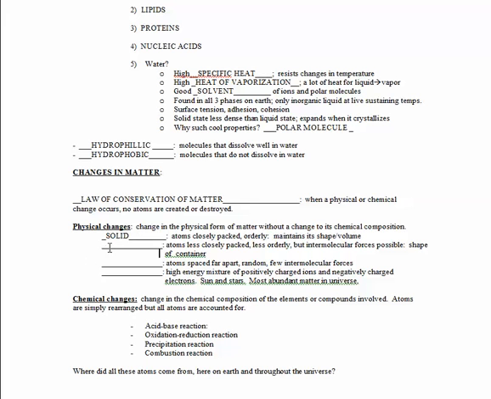Then you have your liquid, where they're less packed, heat it up more, add more energy to it, turns into a gas. And the point being, you still have H2O here, H2O here, and H2O here. It's just the way those molecules are arranged is slightly different. But I haven't changed the chemical composition in any way. So these are physical changes.